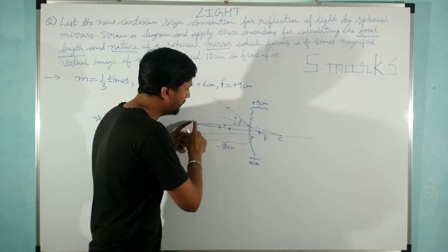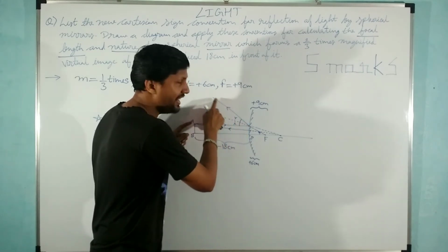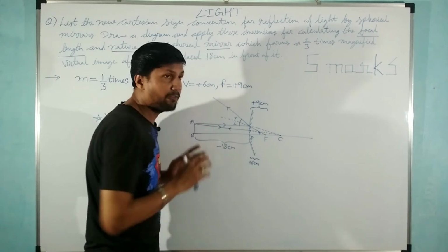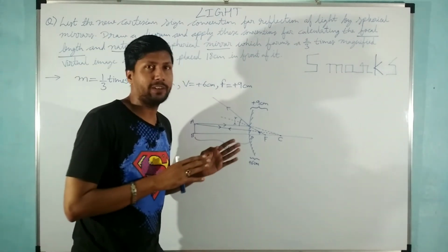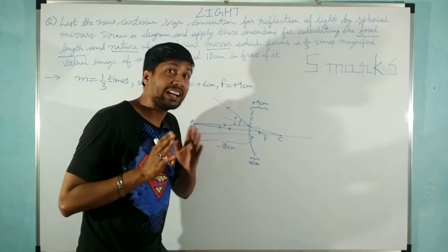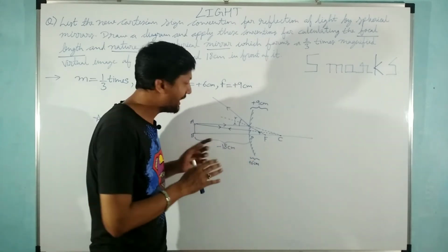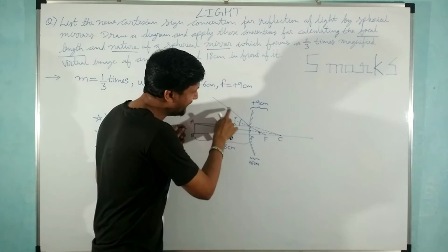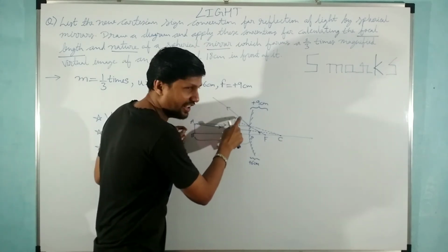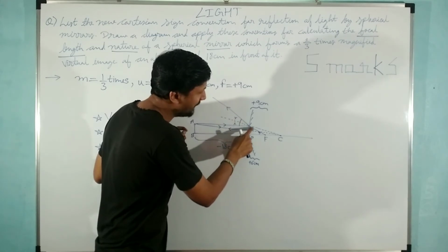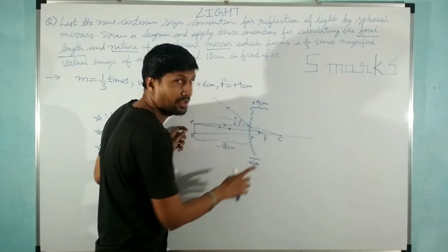Okay, so this is the incident ray and this is the reflected ray. But if we go through the rule of retraceability of path of light, that is, if we retrace the reflected ray, then it will exactly pass through the focus.